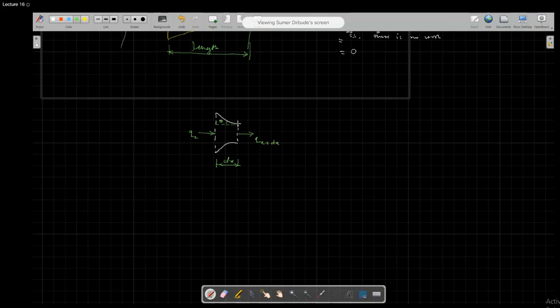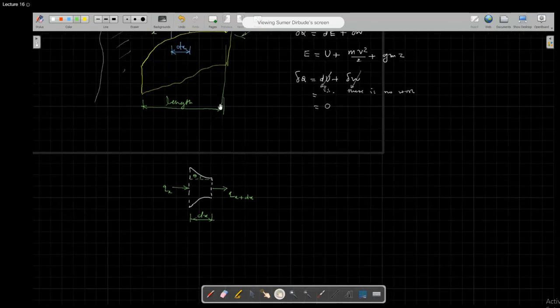Now, since the thickness, the variation along the y direction is very small because of the thickness of the fin.